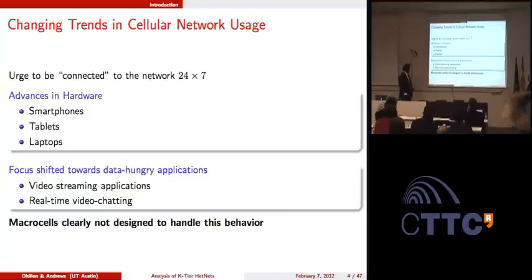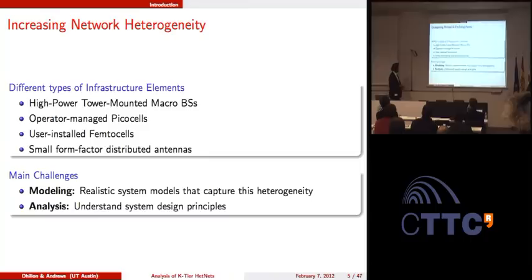And the message here is that the macrocells were clearly not designed to handle this kind of behavior. So you would expect some really fundamental changes in the network. That's the only message here. And that's what we have seen. We have increasing heterogeneity. We have different types of infrastructure elements coming up.